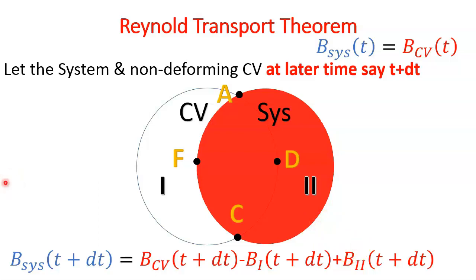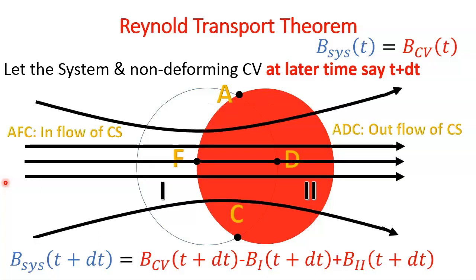Now, based on this equation, B system at t plus dt, which is appearing at the bottom of the slide, we have to move forward to reach the Reynolds transport theorem. Now, as the system is moving forward, inflow of the control surface is through the edge A, F, C, and it is leaving out through A, D, C of the control surface.